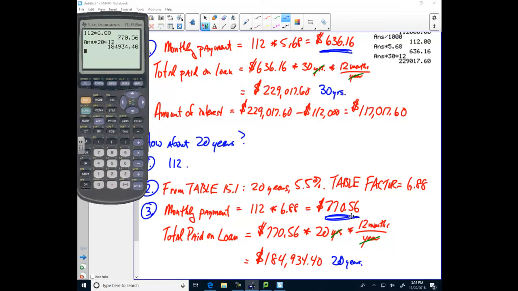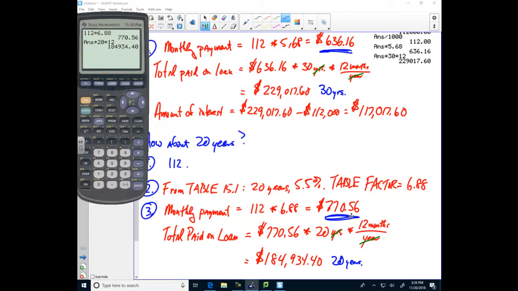And I did tell you the other day, and I think most loans are actually like this, anytime you can pay extra makes a big difference. For example, if we went with the 20-year option here and our payment's $770 a month, if we could pay $800, it's going to make a big difference. We'll save even more over a 30-year loan. So any extra little bit that you can pay every month really helps you.